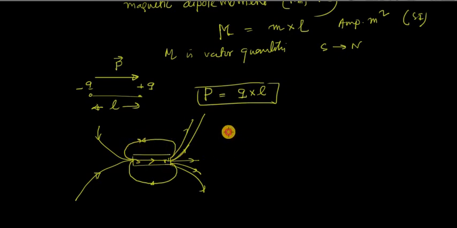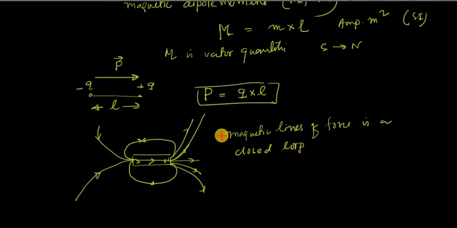So magnetic lines of force is a very important property. Magnetic lines of force form a closed loop. Why so? Because as I have told you, these lines of force come out from the north pole and enter the south pole outside the magnet, but inside the magnet they come from the south pole and end at the north pole.